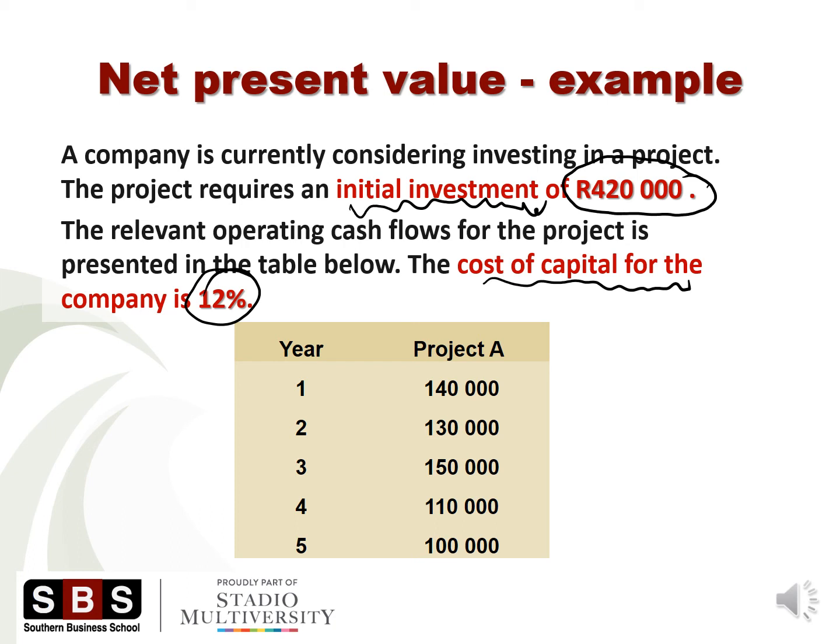What does this example tell us? It tells us that if this company invests this 420,000 rand, it expects that in the next 5 years, in every year, it will receive a net cash flow, money coming in after expenses have been subtracted, of these amounts.